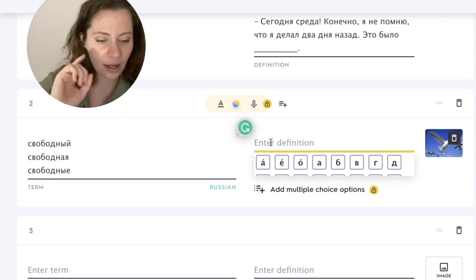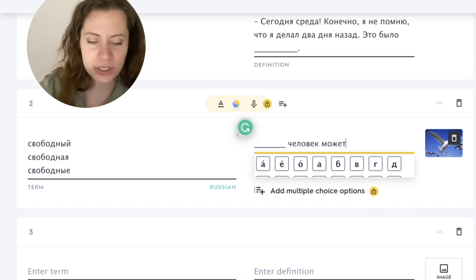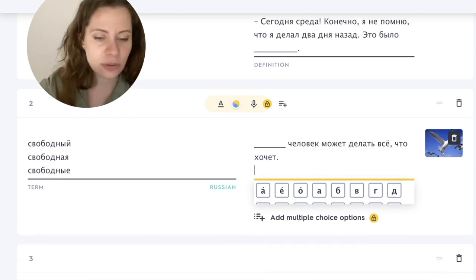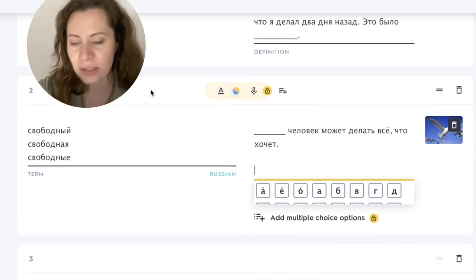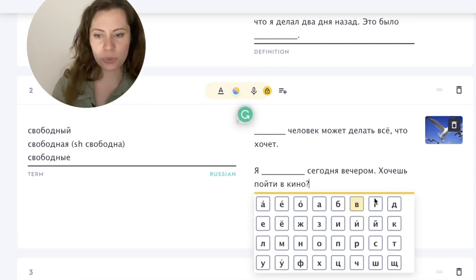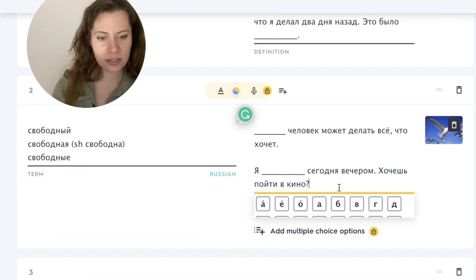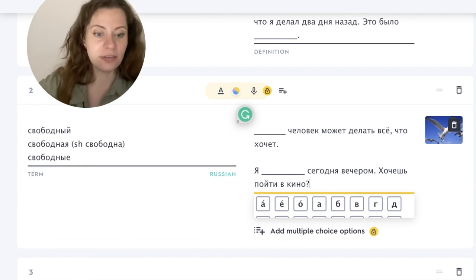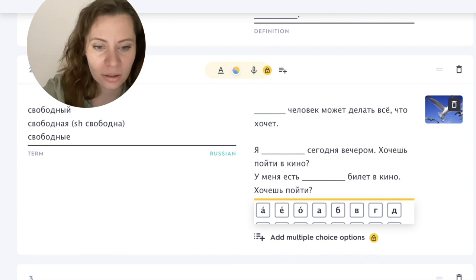So, свободный, I would say this: свободный человек может делать все, что хочет. And we need examples. What can it be? For example, so we just recalled this word, свободно, and basically made a phrase for a student to talk about in their life. Or another example, dog.